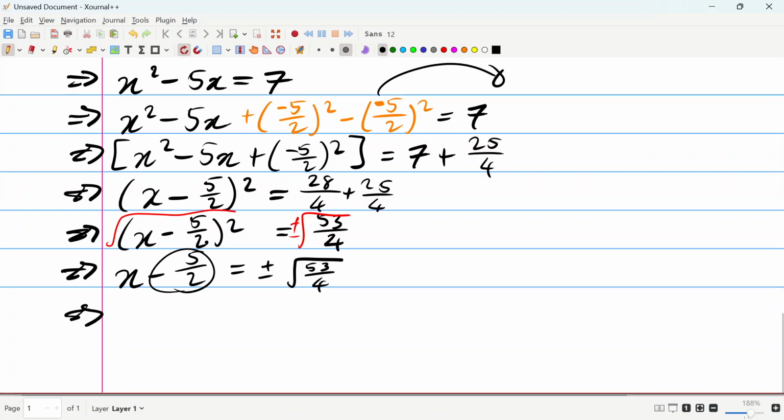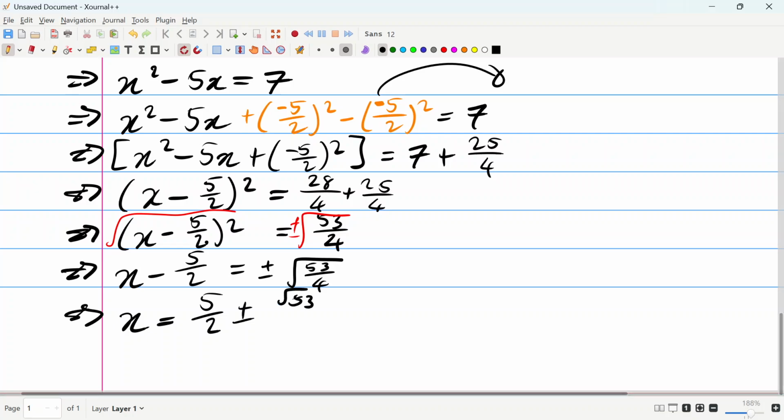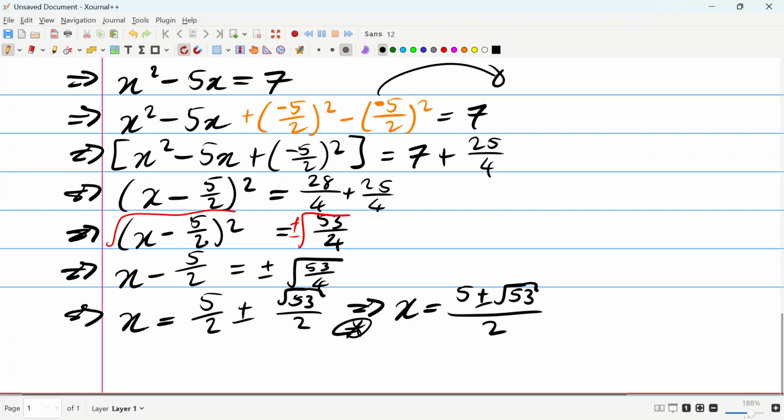And then if we take this negative 5 over 2 to the other side, we are going to have x is equal to 5 over 2 plus or minus the square root of 53 over 2, because we have the square root of 4 at the bottom and the square root of 53 on the top. And then we can simplify it further as a final answer and say x is equal to 5 plus or minus the square root of 53, all over 2.